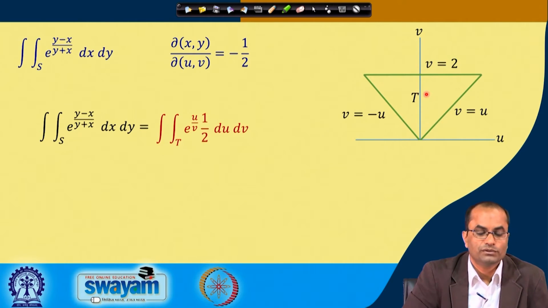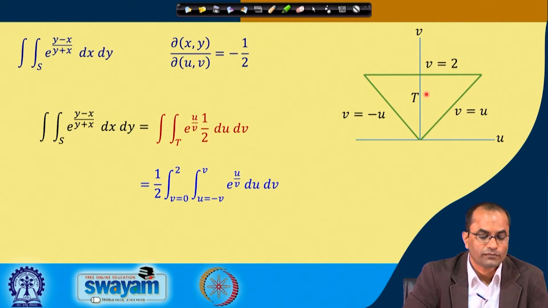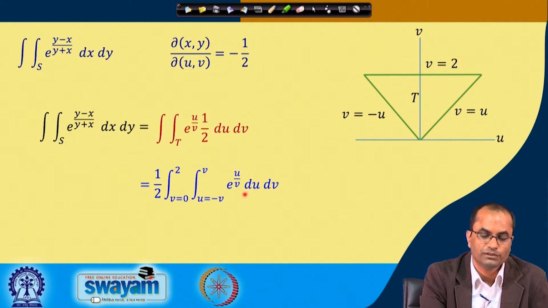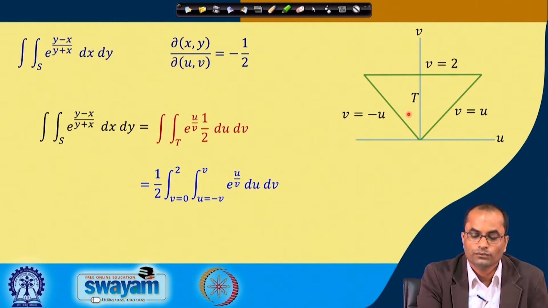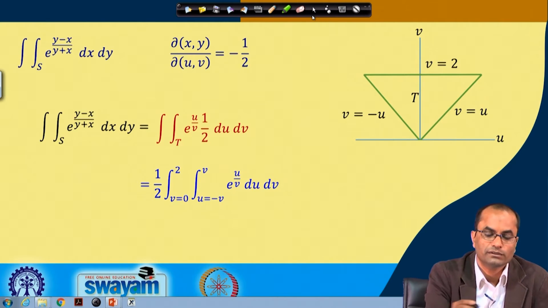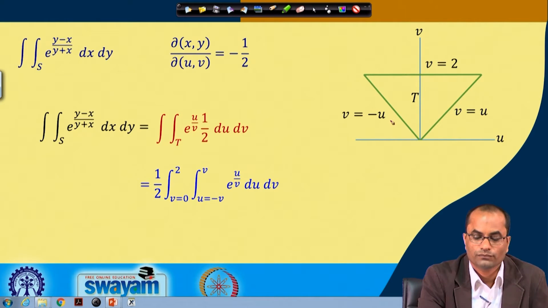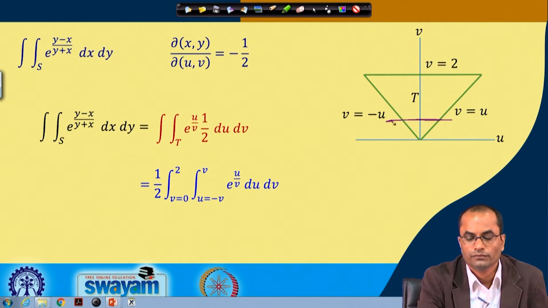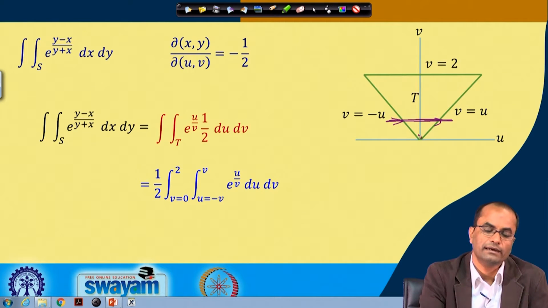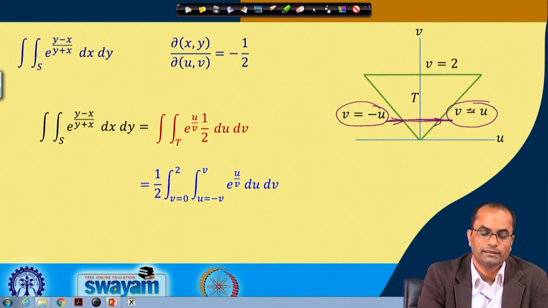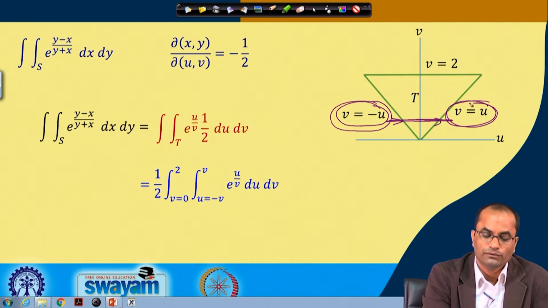So, we have to put now the limits for u and v. First, the limits of u always go from this line to the other one. So, for u we are entering the domain at this line and exiting the domain at that line. That means v is equal to minus u from here, so u is equal to minus v, and u is equal to v from there.